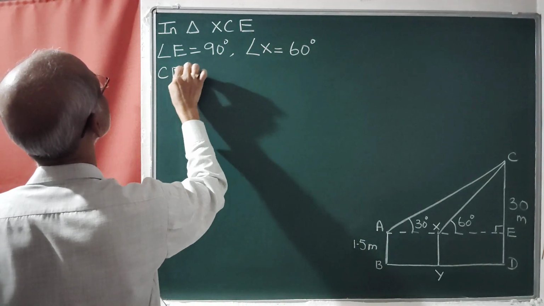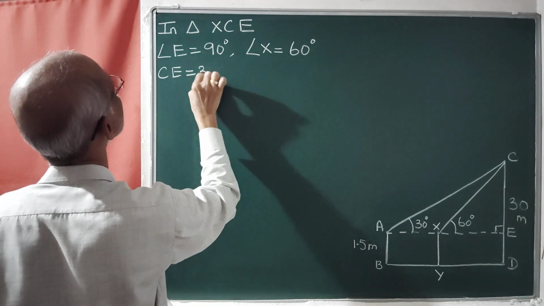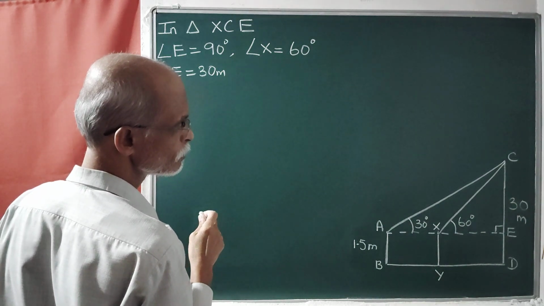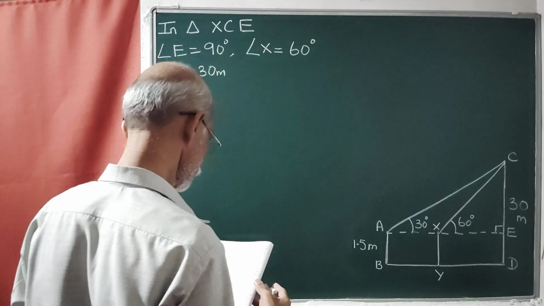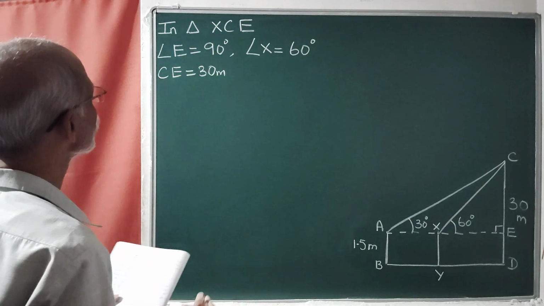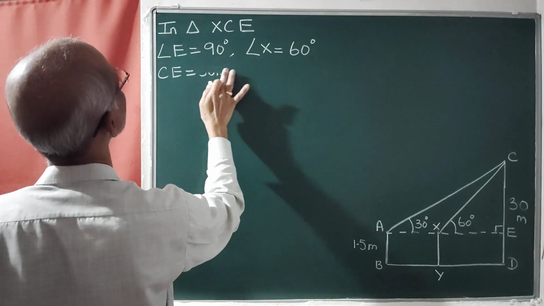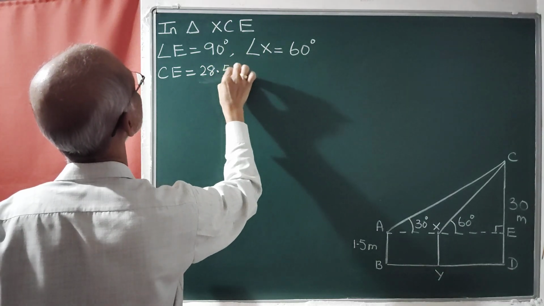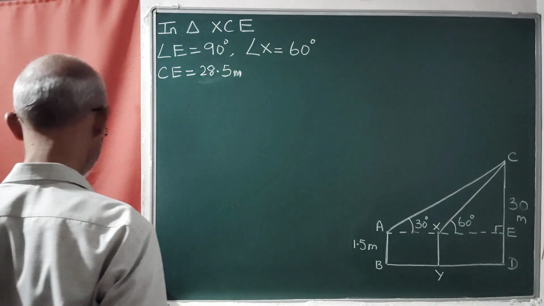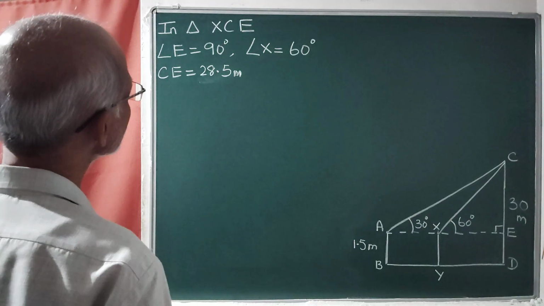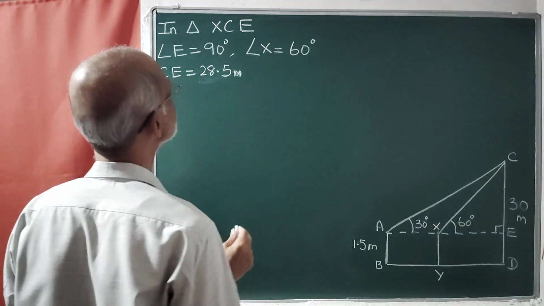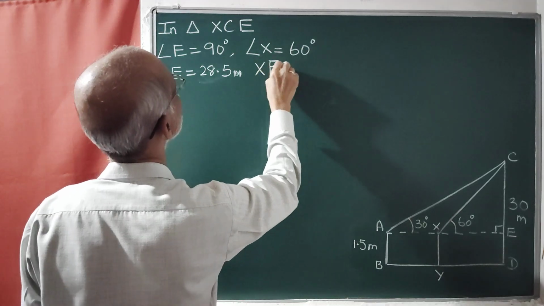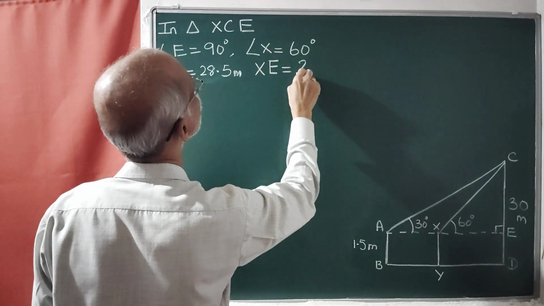CE is equal to 30 meters. CE is not 30, it is 28.5. Now, in this triangle, we will find XC.